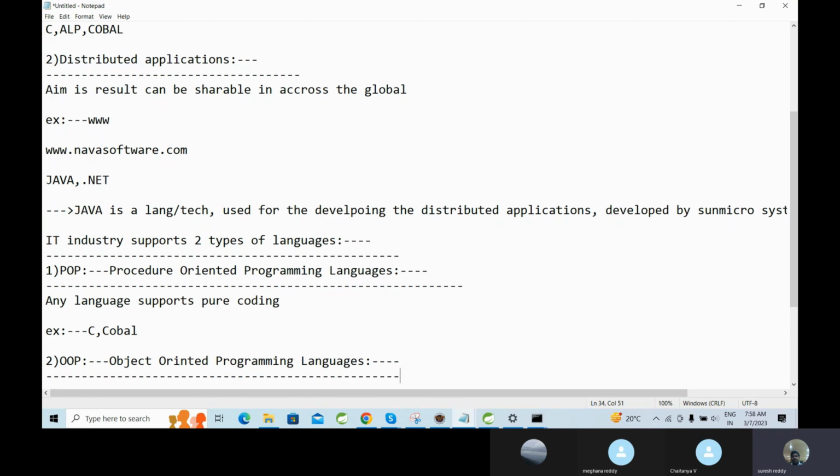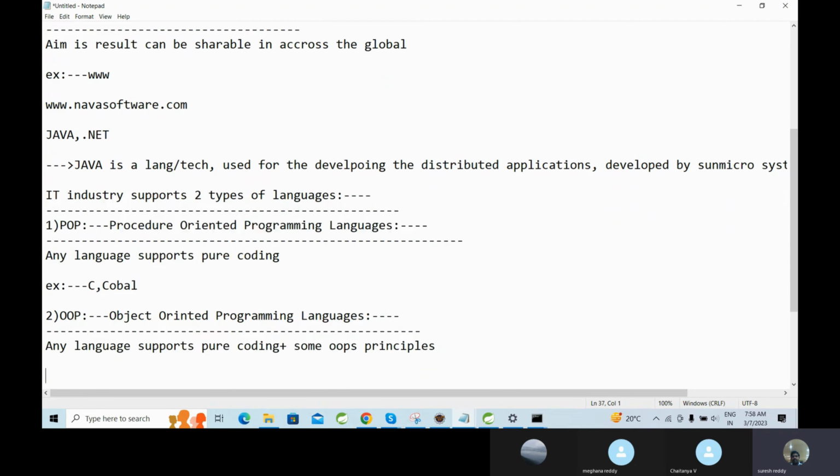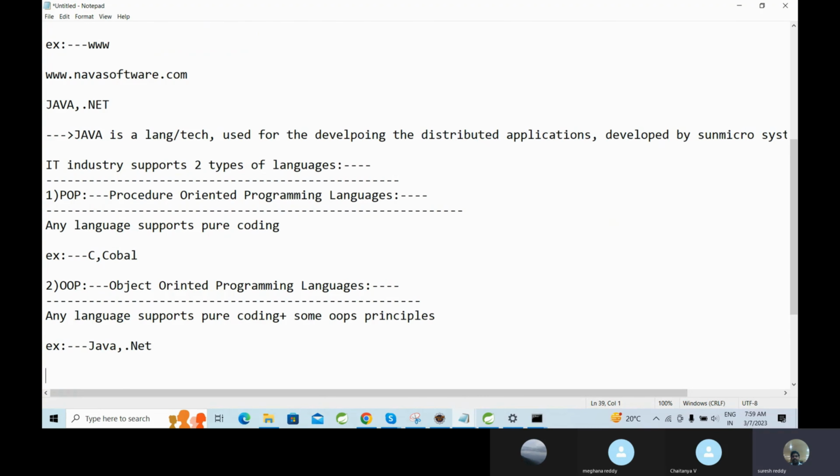Any language that supports pure coding plus some OOPS principles is known as an object-oriented programming language. The best examples of object-oriented programming languages are Java and .NET.